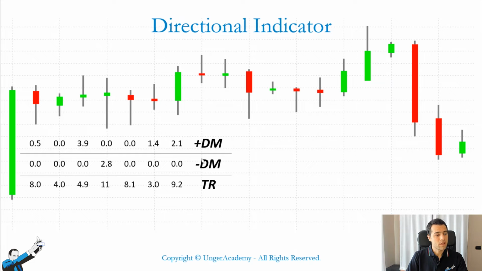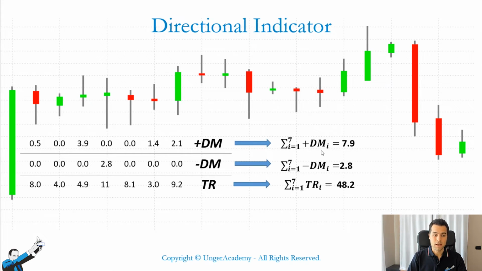So let's calculate the true range for the bar we have just considered, and then let's take another step forward in order to reach our ADX. The steps consist in summing up the contribution of plus and minus directional movement and true range in order to get these numbers, and then find out the new number that we need, that is the directional indicator.